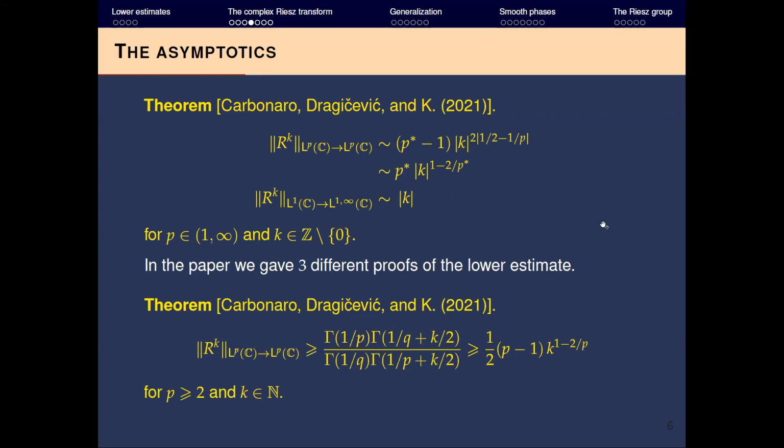So what we did last year is that we confirmed the same conjectured asymptotics for the odd powers of the complex Riesz transform.